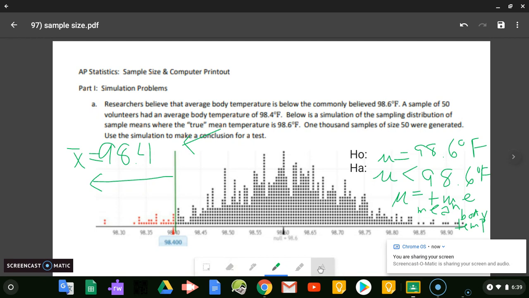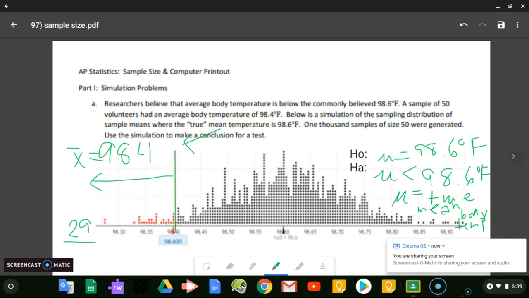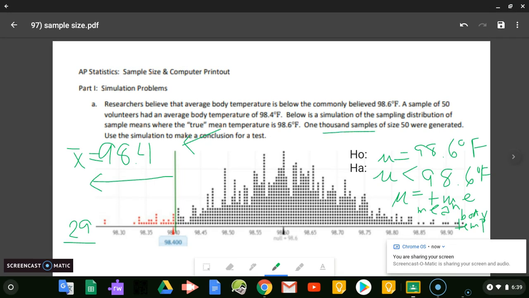Here, if we count these red dots, we're going to get 28 samples in the simulation. Remember, each one of these dots is an average of 50 volunteers. And if you think about how many dots there are here, they tell us there's 1,000. So it's 29 out of 1,000.